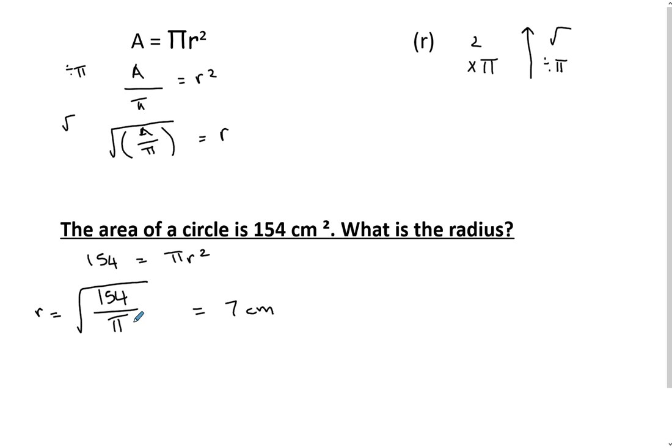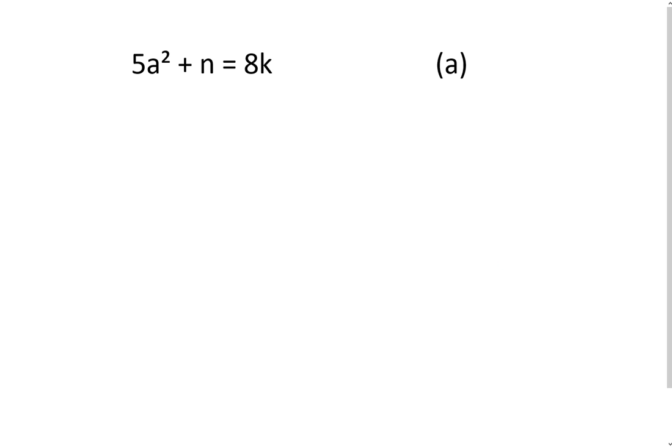Okay, let's take another example. 5a squared plus n equals 8k, and you're trying to make a the subject. So what's been done to the a? We've squared it, and then we've multiplied it by 5, and then we add n. So now we go backwards again, and we minus n, we divide by 5, and we square root it. So let's go for it.